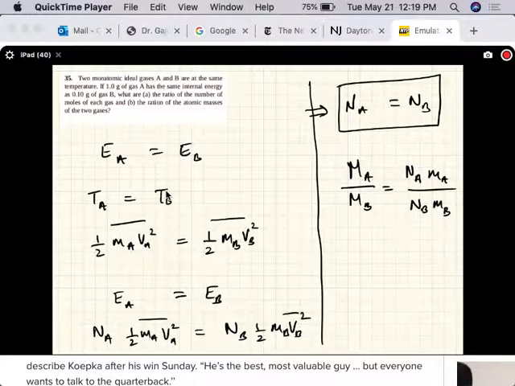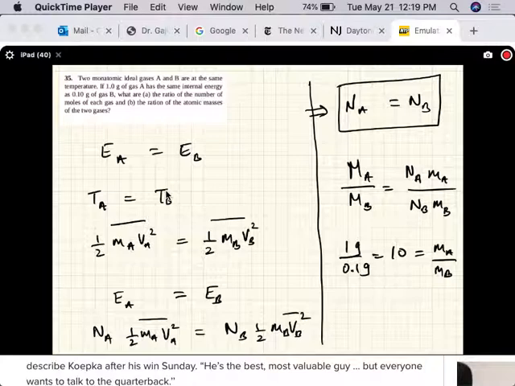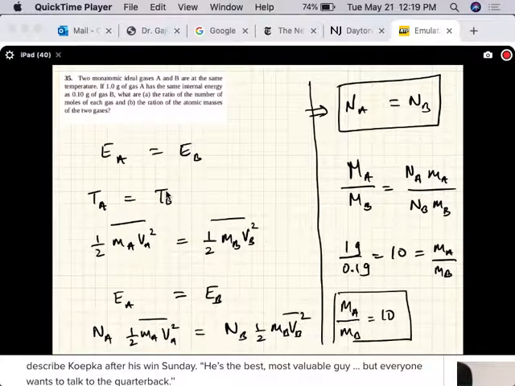So 1 gram divided by 0.1 gram, the ratio of the masses is 10. Atom A is 10 times heavier than atom B. That's what we found.